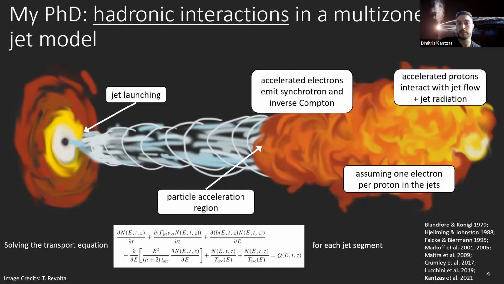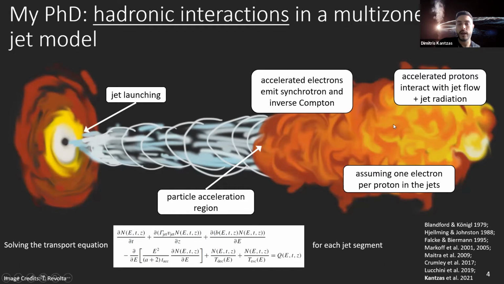For the accelerated population of electrons, I take into account synchrotron radiation and inverse Compton scattering with multiple targets. And the accelerated protons interact with the jet flow and the jet radiation to give rise to secondary particles, such as muons and pions, and eventually neutrinos.